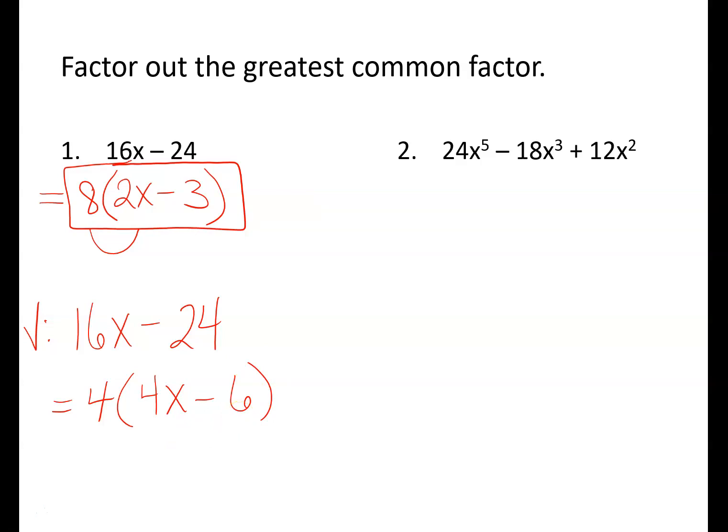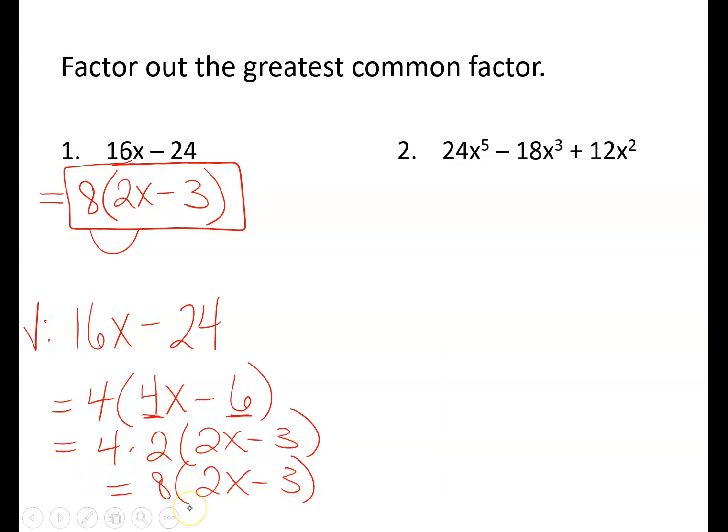However, it's not completely factored because the 4 and the 6 still have a common factor. Those are both divisible by 2, and so that 2 would have to come out, and then we would divide by 2, and that 2 that came out multiplies by the 4 sitting in front, and then you would still get the same answer we got to start with. So just always look in the parentheses to make sure that there's not a common factor left inside.